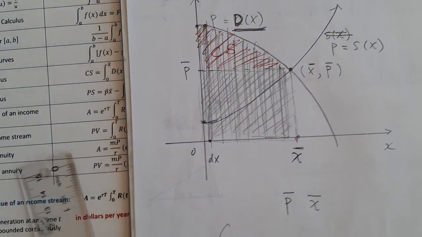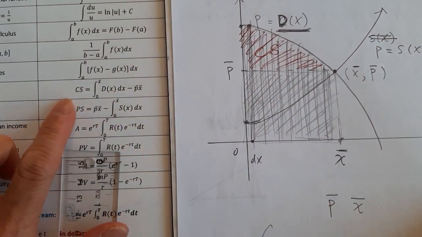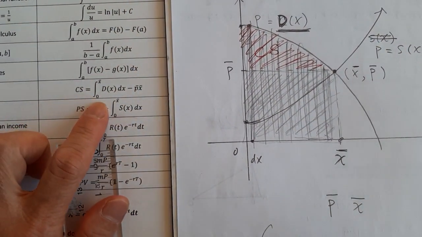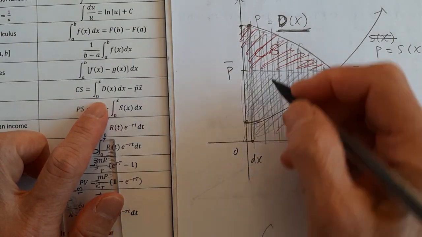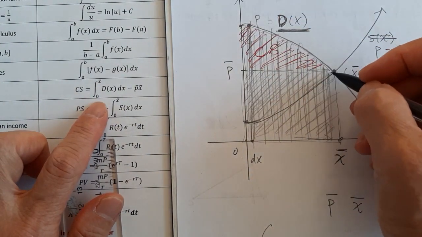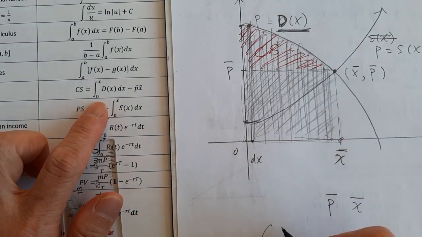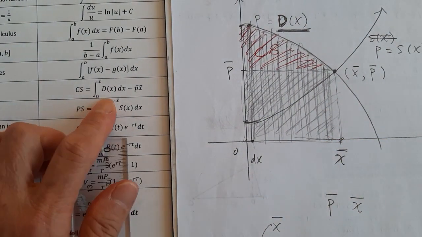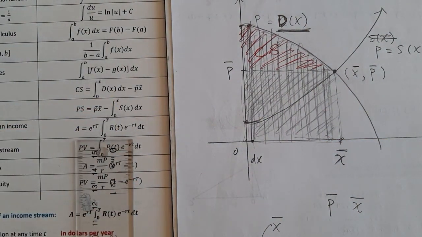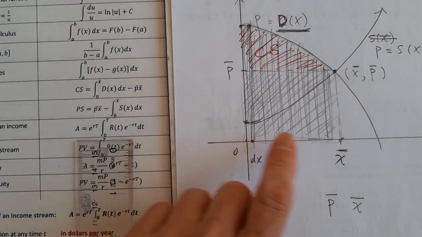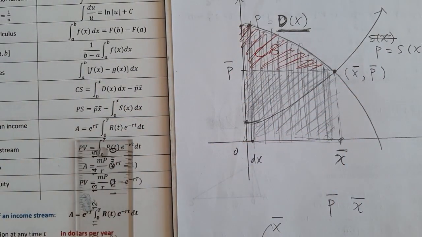So the consumer surplus is the integral under this curve, the demand function, from 0 to x bar, dx.